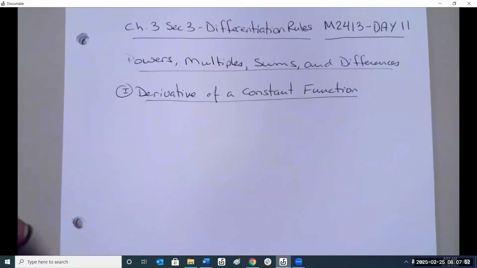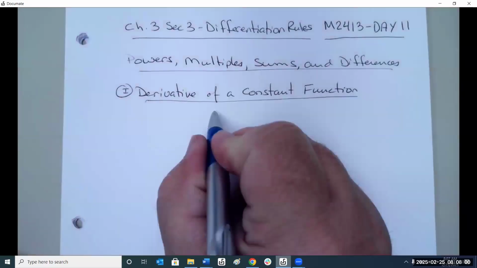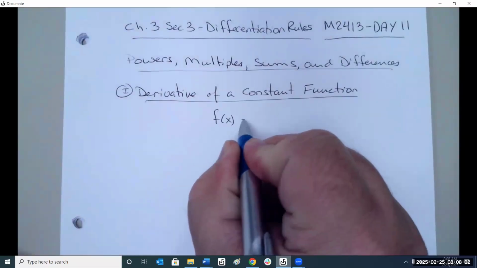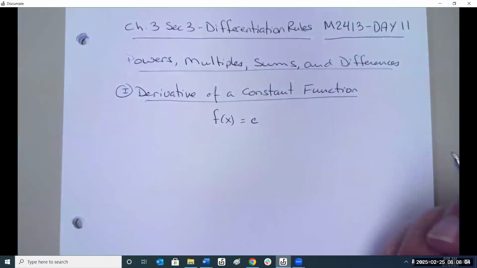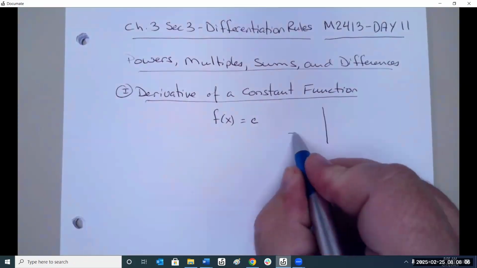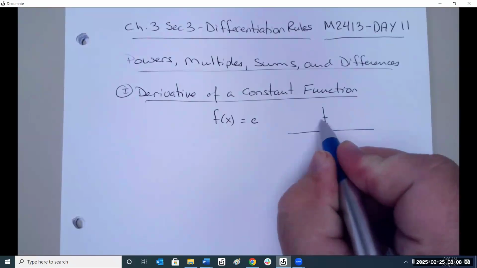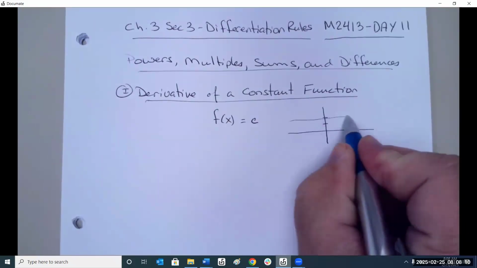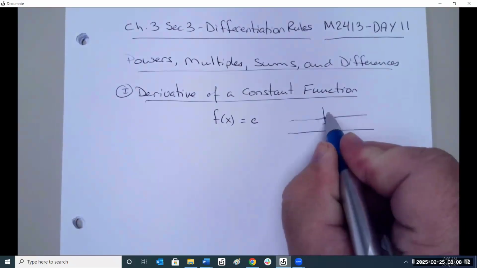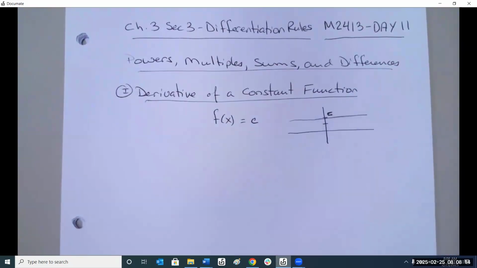Straight. Be more specific. All lines are straight. Excellent. Yes. A constant function is a horizontal line that crosses the y-axis at point C.